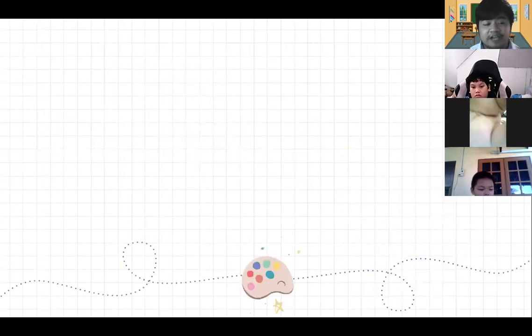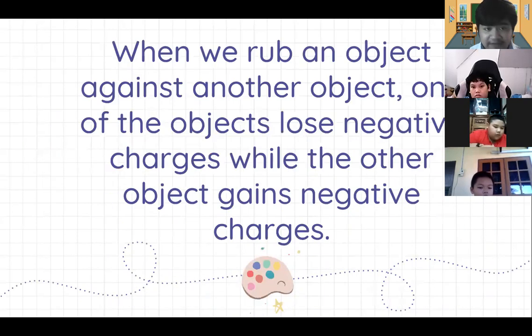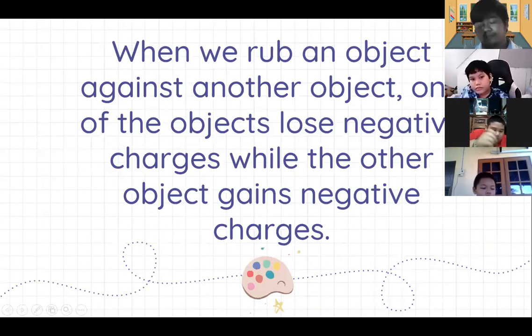So for you to better understand, let's have this. When we rub an object against another object, one of the objects loses negative charges while the other object gains negative charges. So the most common experiment here is the balloon.